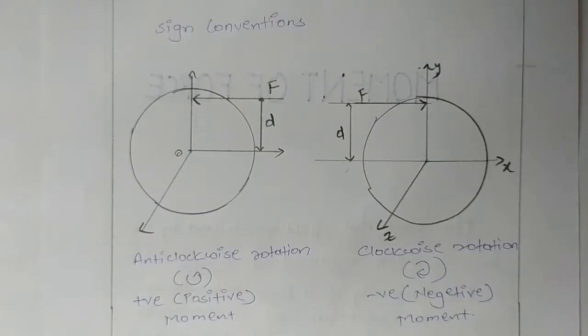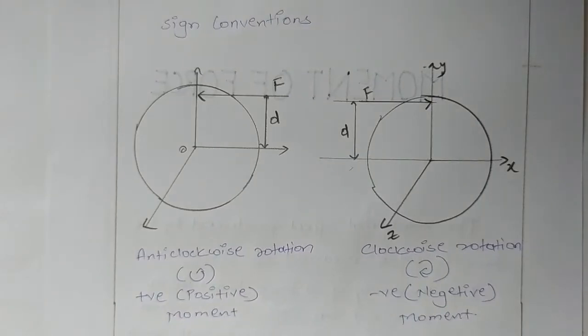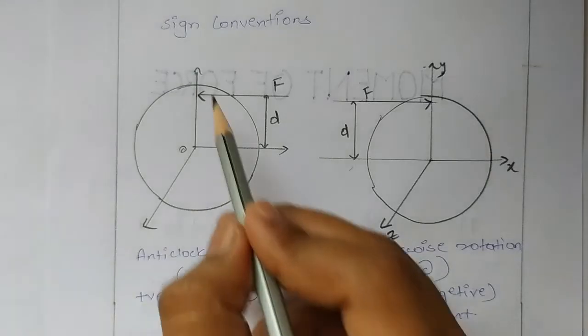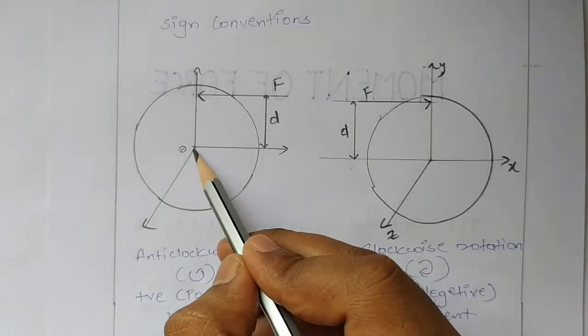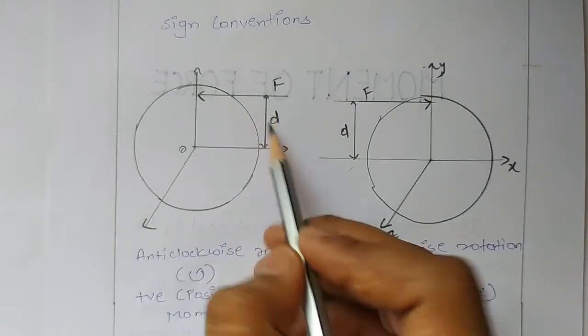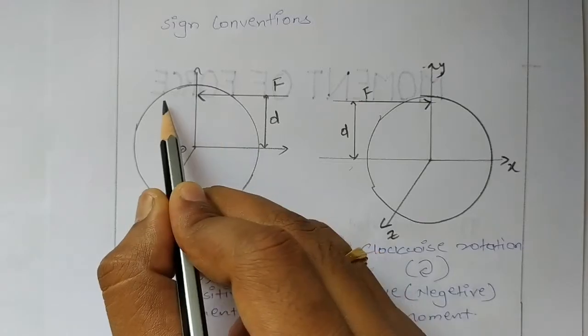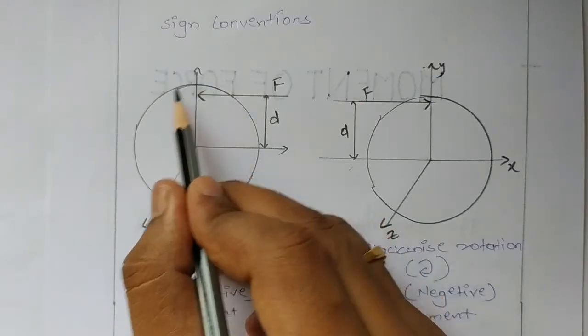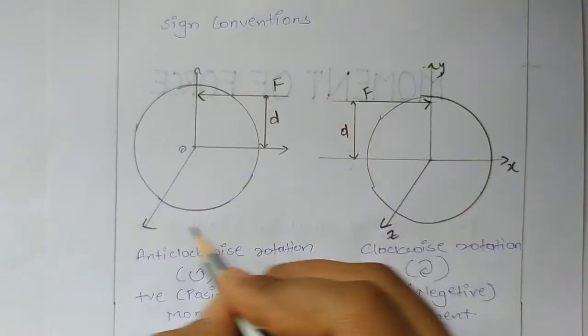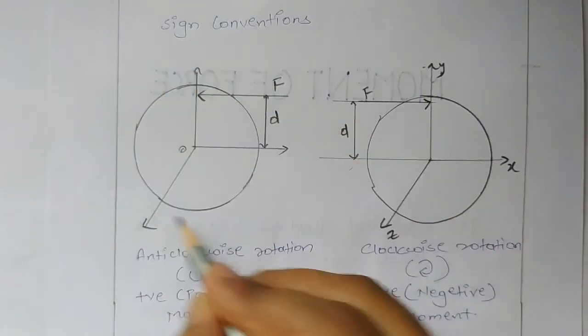Now we will try to understand an important topic, that is sign convention in moment of force. So here again the rigid body, the point O and the force F. The direction of force F is towards left, which tends the rigid body to rotate in anti-clockwise direction.